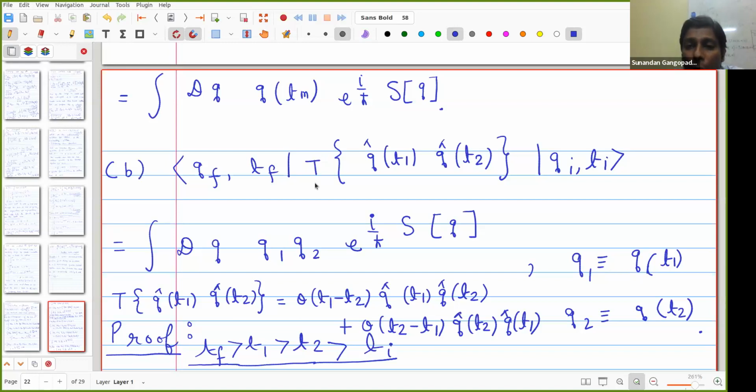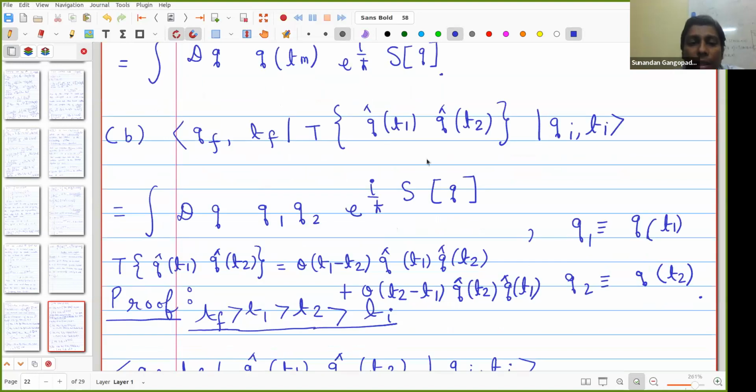So when there are two or more than two operator insertions, then the issue of time ordering is very important, and therefore the correct object that one needs to look at is the following. This is basically the matrix element of the time ordering of these two operators, q hat t1, q hat t2, sandwiched between qi ti and qf tf.